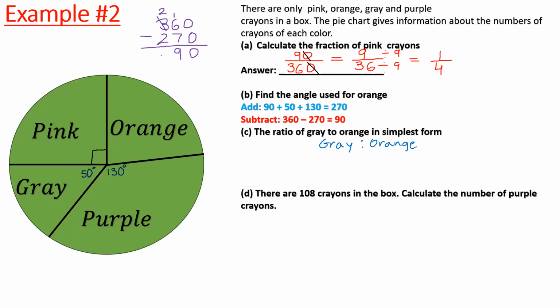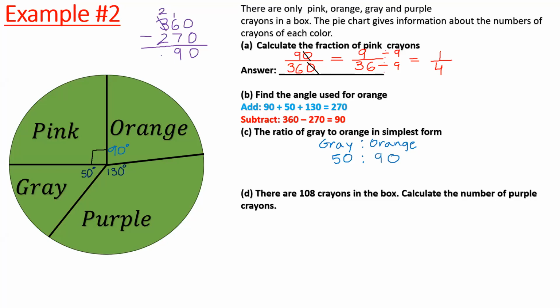For gray, it's going to be 50, right? Do we agree? And for orange, we just figured orange out. Orange is 90. And so it's going to be 50 to 90.